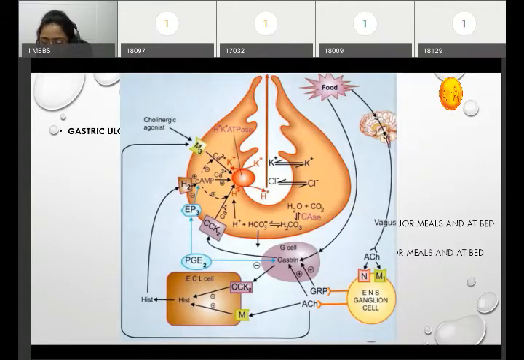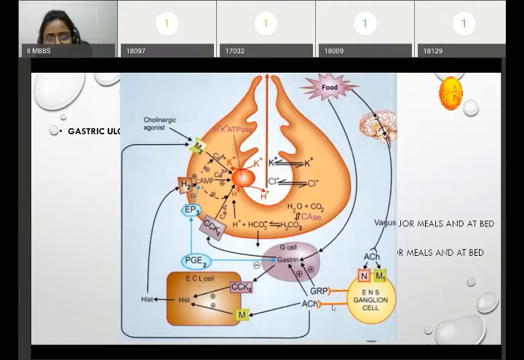The second thing: how is acid secretion stimulated basically? There are three stimuli for gastric acid secretion. First is histamine, released from the enterochromaffin cells, which acts on the histamine H2 receptors of the gastric parietal cell. Second is gastrin, released from G cells, which acts on the CCK2 receptors on the parietal cell and in turn causes acid secretion.